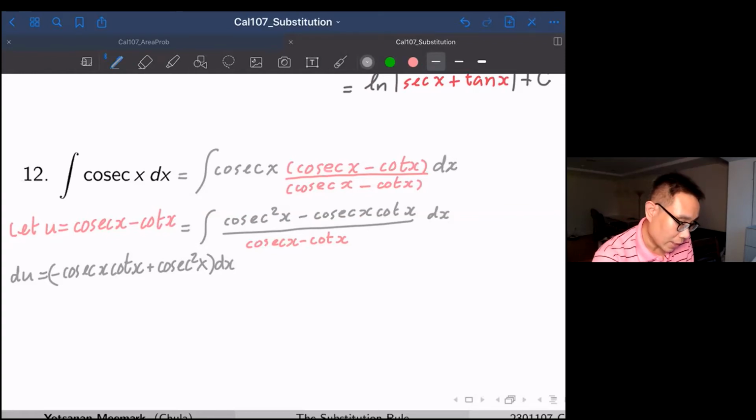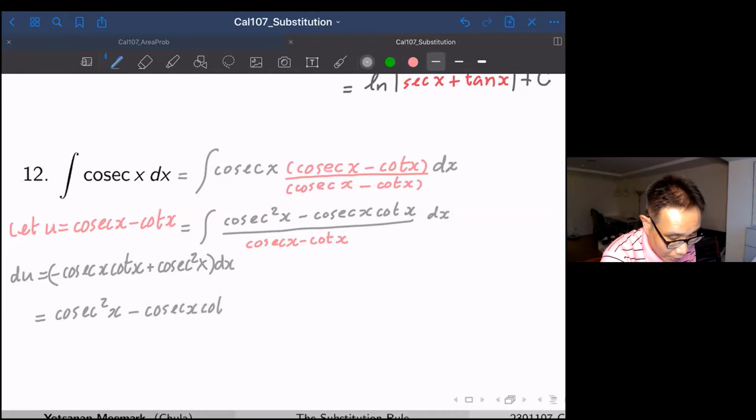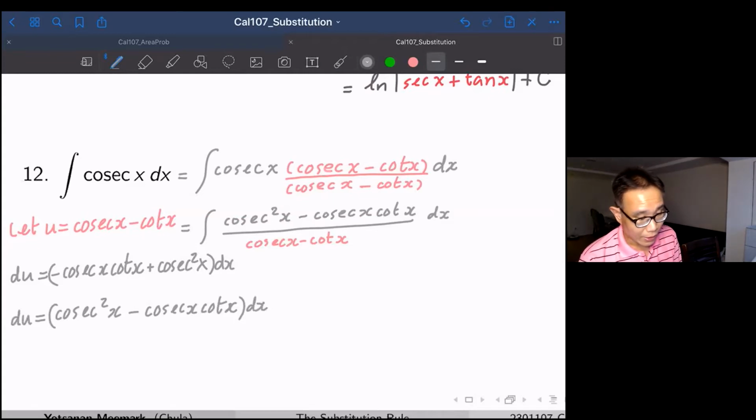And you see that this is exactly the same as cosec square x minus cosec x cotan x dx, and this turned out to be your du, exactly the same as the top.